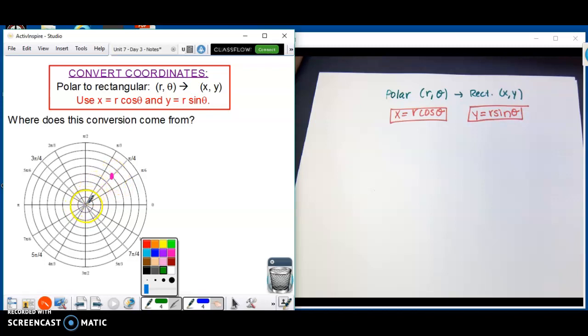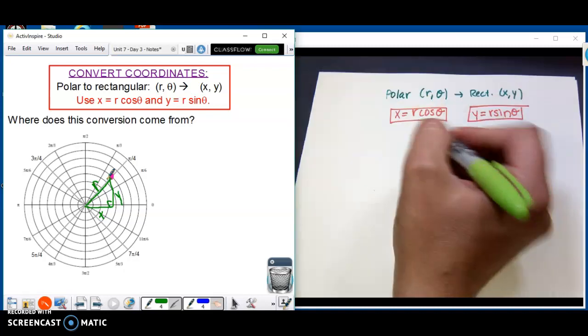If I was just graphing this point on a regular graph, I would go over x amount of spaces and then I would go up y amount of spaces. Sorry, that line's not straight. And then if I was to connect this, the hypotenuse there would be the radius value, because that's how long it is. And these are the formulas.